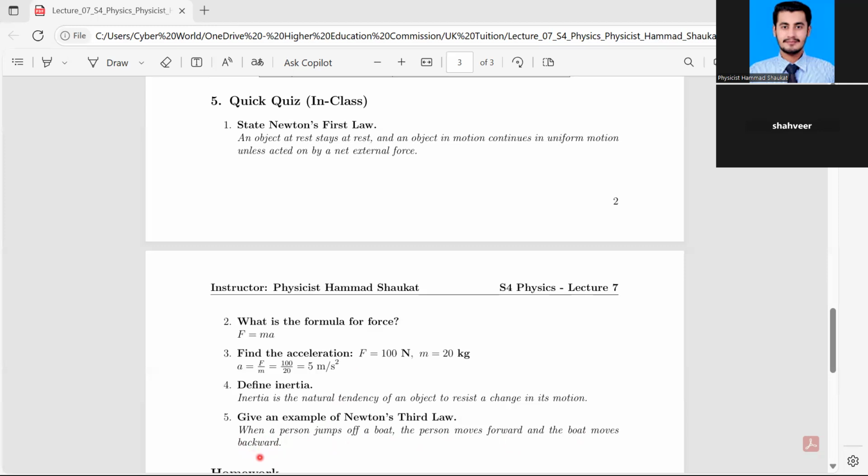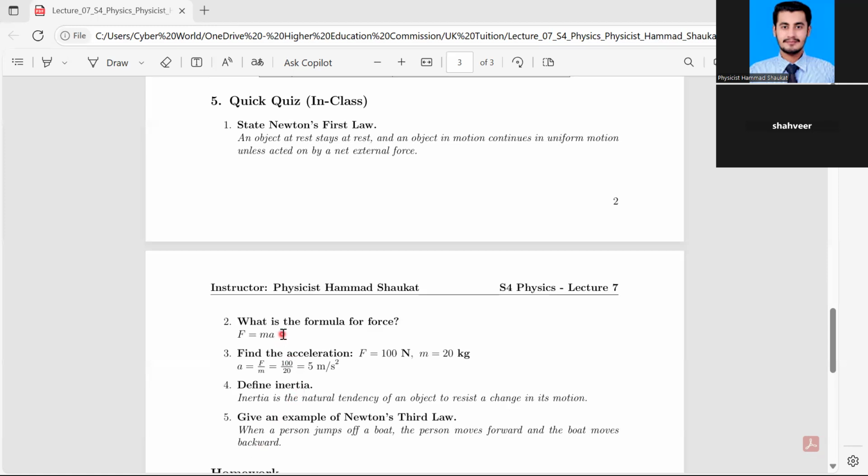Let's suppose a boat is in some water and a person jumps out of the boat. They jump in the forward direction and the boat will move in the opposite direction. So this is also according to Newton's third law of motion.